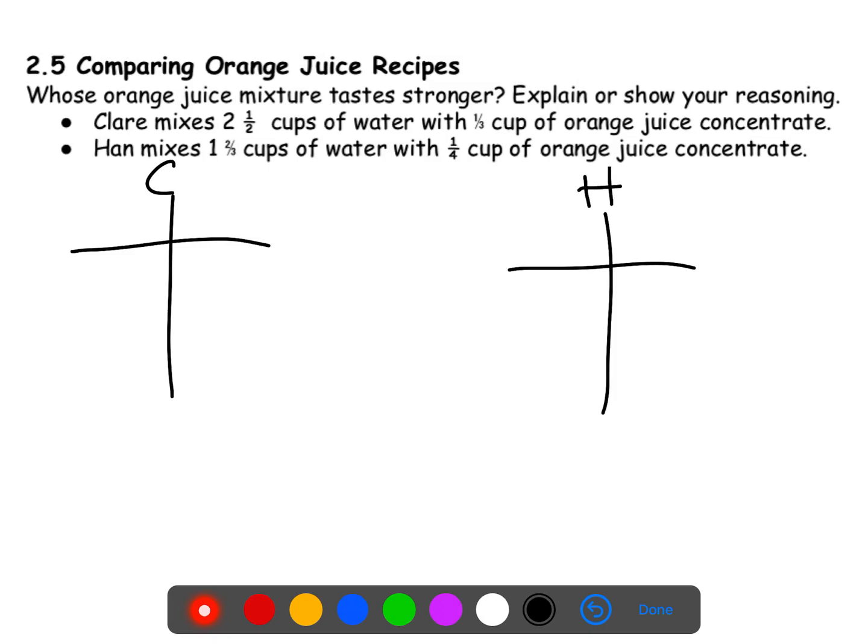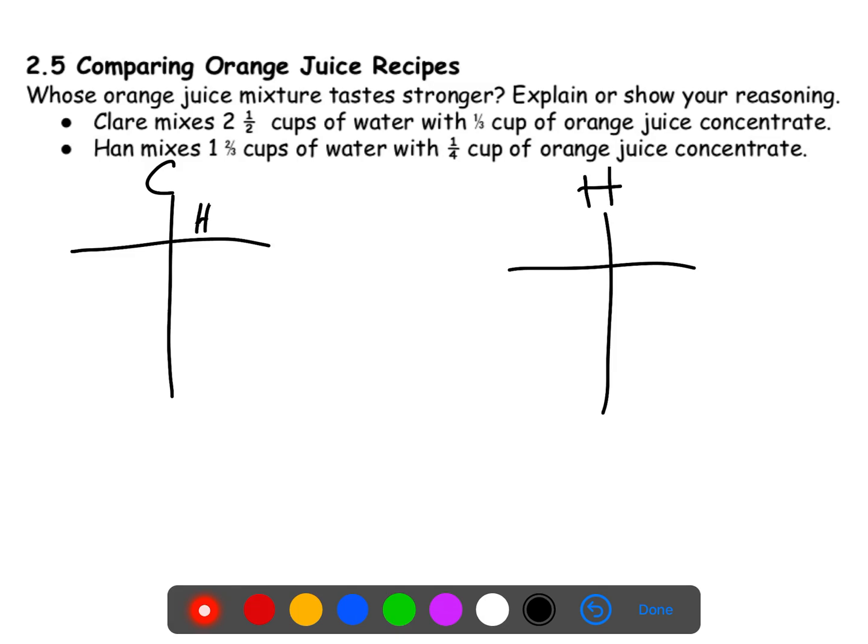Here's where we need to decide: do we want to determine how much water for 1 cup of juice, or how much juice for 1 cup of water? Let's do how much water for 1 cup of juice.